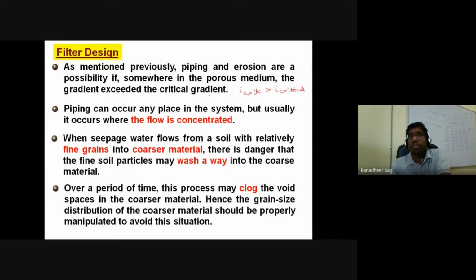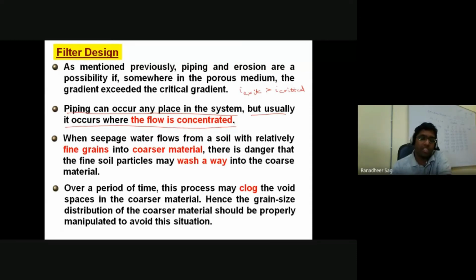To prevent such piping failure, where fine grained particles get carried away, if I provide proper drainage or a proper filter medium, the fine grained particles will not be allowed to escape with the water and remain in place, ensuring there is no piping or erosion towards the downstream side. Piping can occur at any place in the system, but usually it occurs where the flow is concentrated. Piping happens through the soil strata wherever possible, but most possibly you will see it in the region where piping gets initiated.